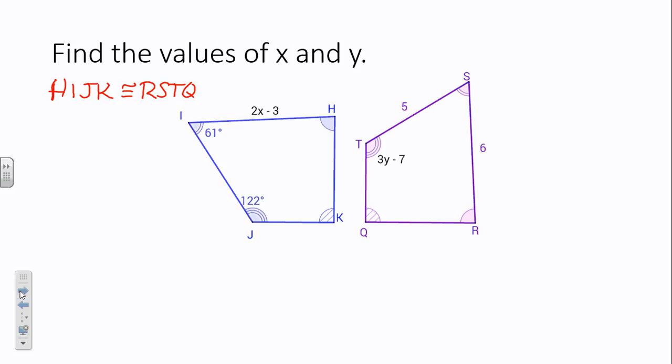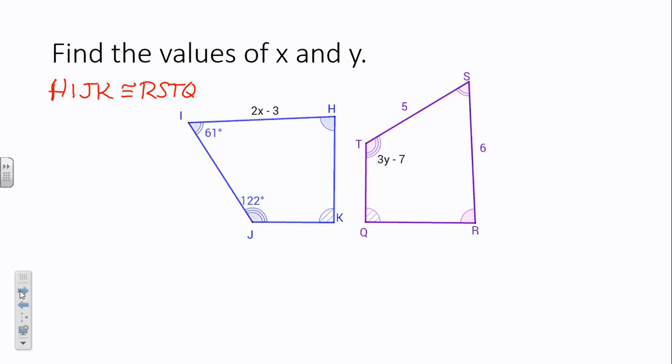Because by giving you just angle measures, that's not enough. I need to tell you that the sides are also congruent, because we learned last chapter that dilations make similar figures. They don't necessarily make congruent figures. So one could be larger but the same shape.